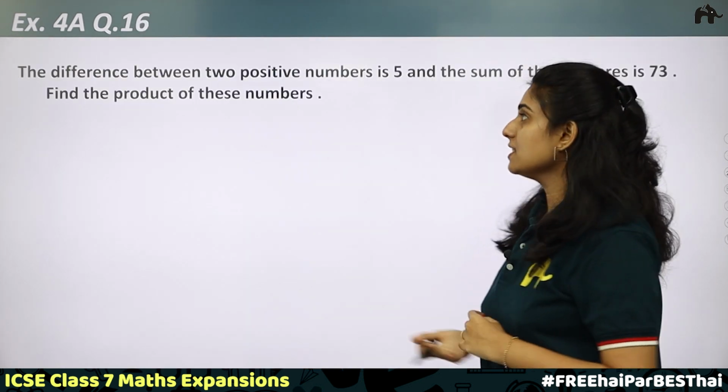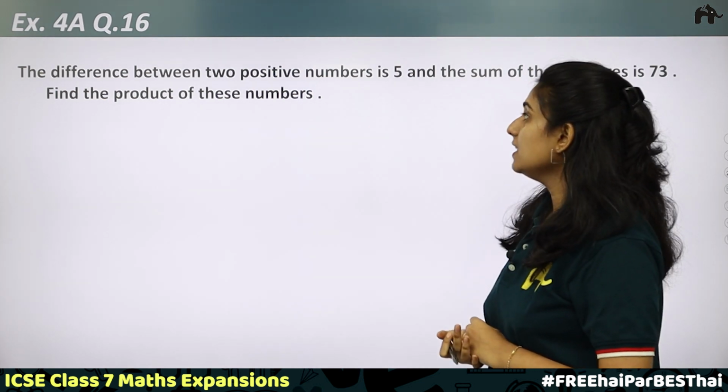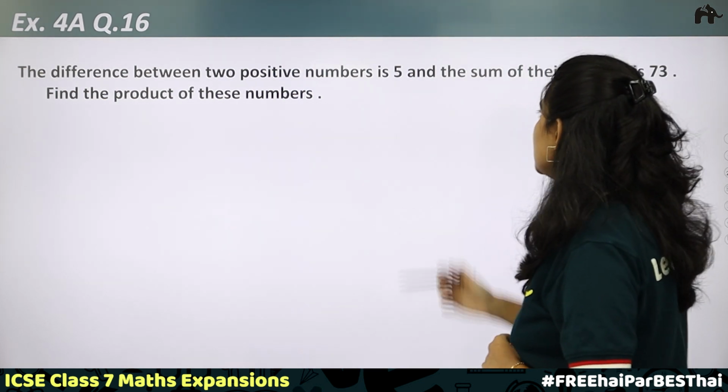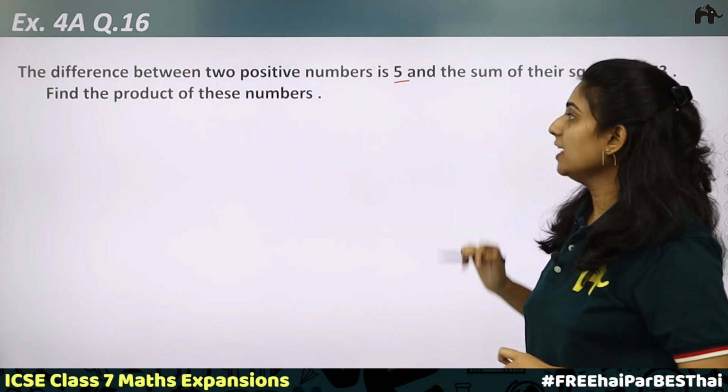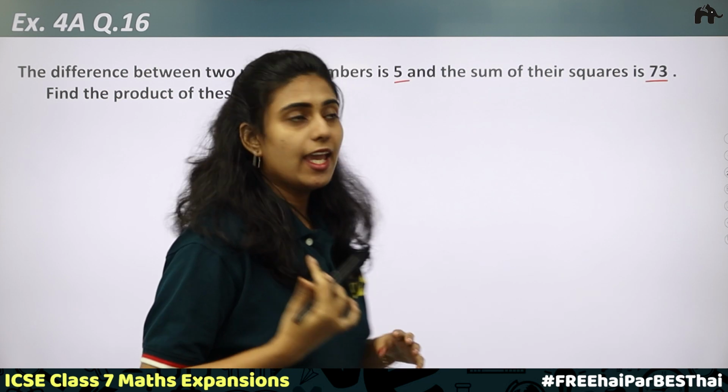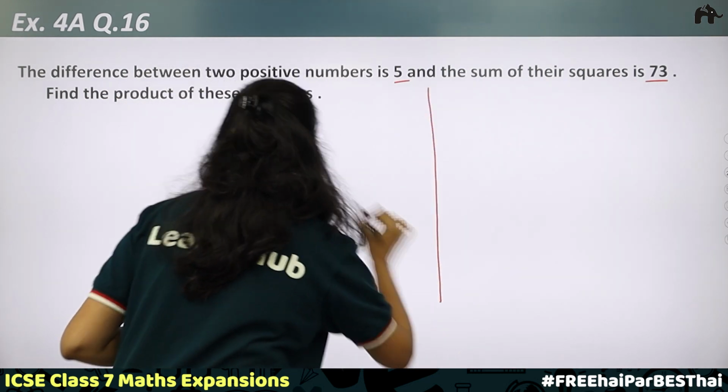Okay. Question number 16 of exercise 4A. The difference between two positive numbers is 5 and the sum of their squares is 73. Find the product of these numbers. Let us take a and b as the numbers.